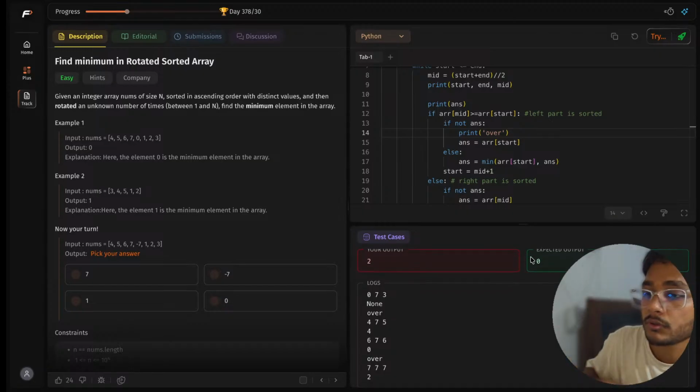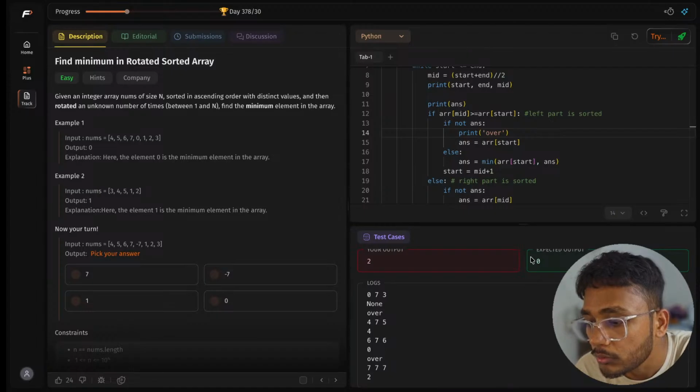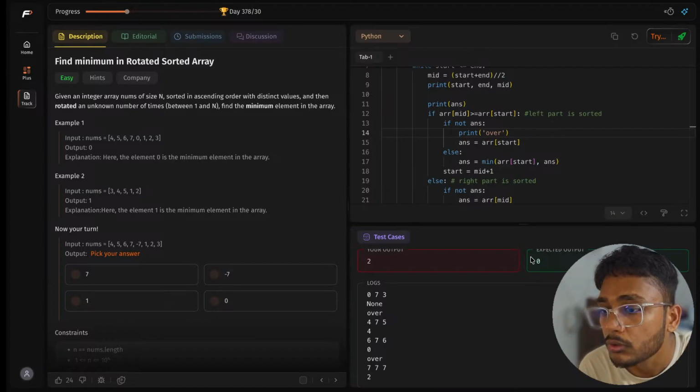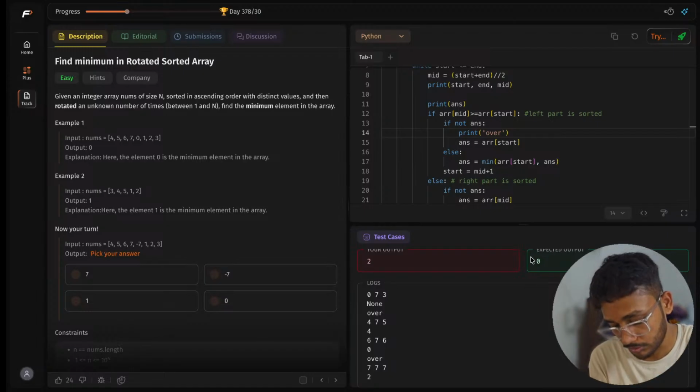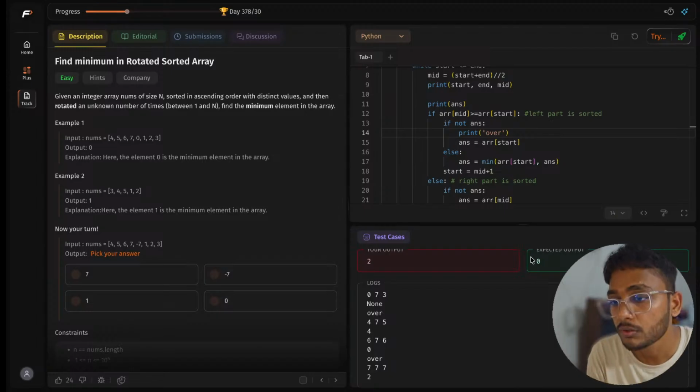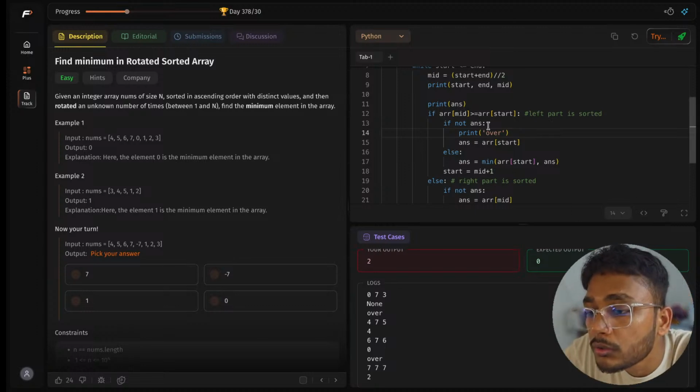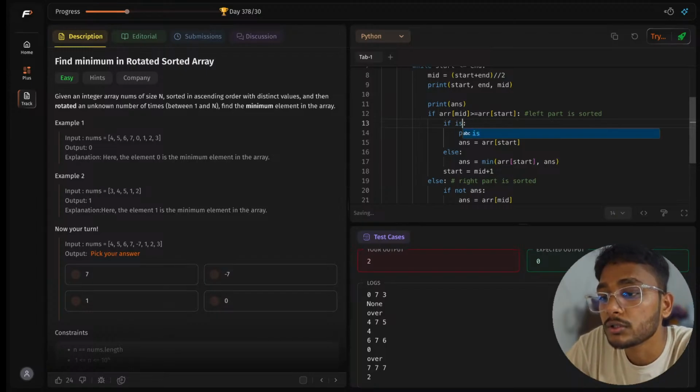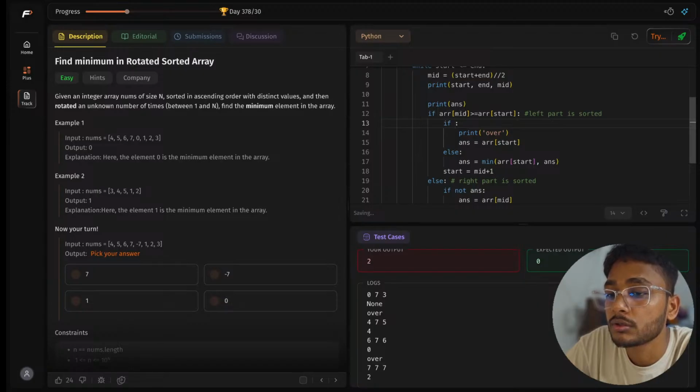Okay, 0, and after that it was overwritten with the array of start. So you can say 676. 676 means, oh, and answer is not none. If answer is none, that's the problem.